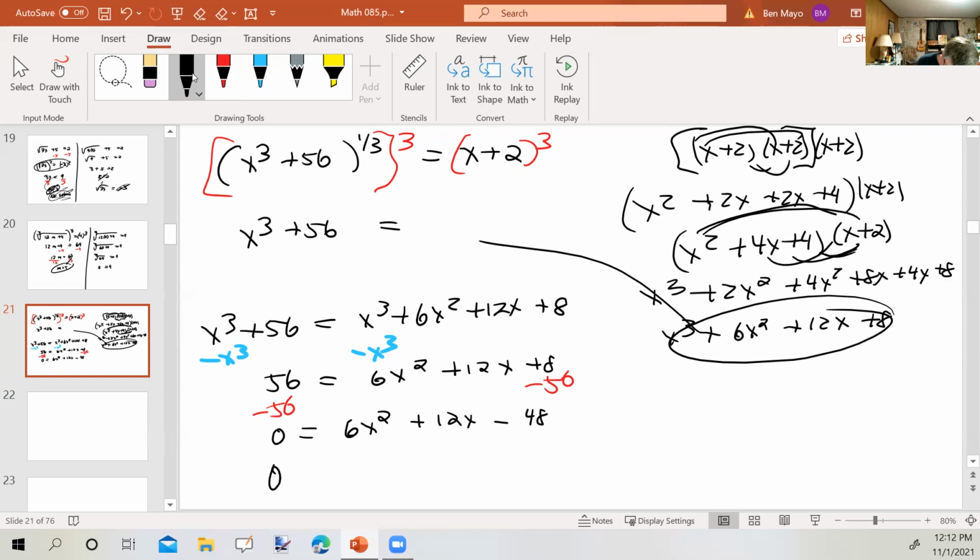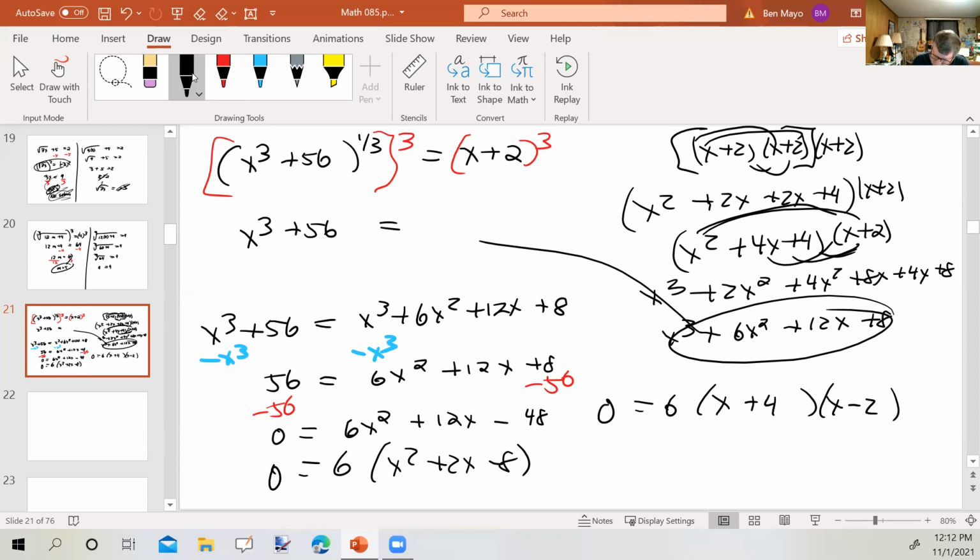Oh, I could factor a 6 out of that and get x squared plus 2x minus 8, which is 6 times, let's see, I'm going to have a plus 4 and a minus 2. So then x plus 4 equals 0, x minus 2 equals 0.